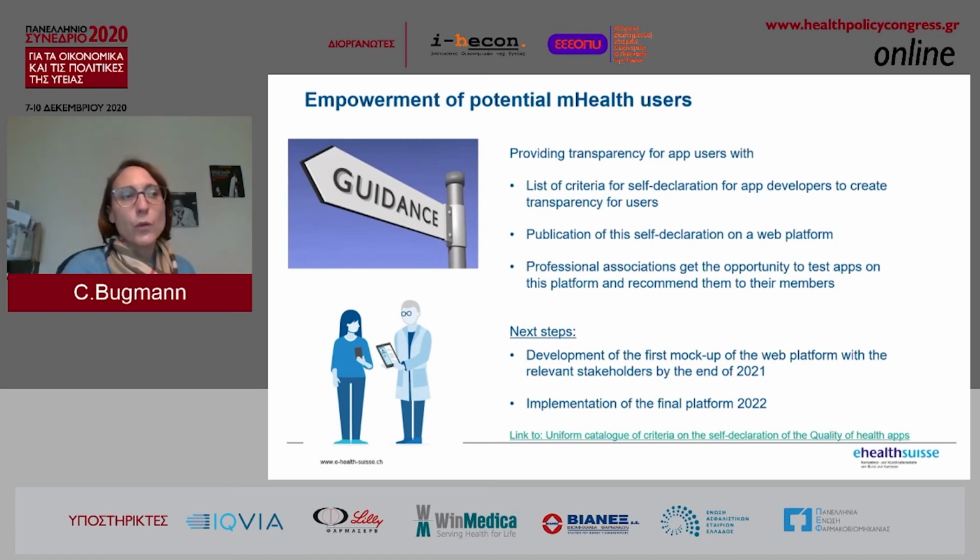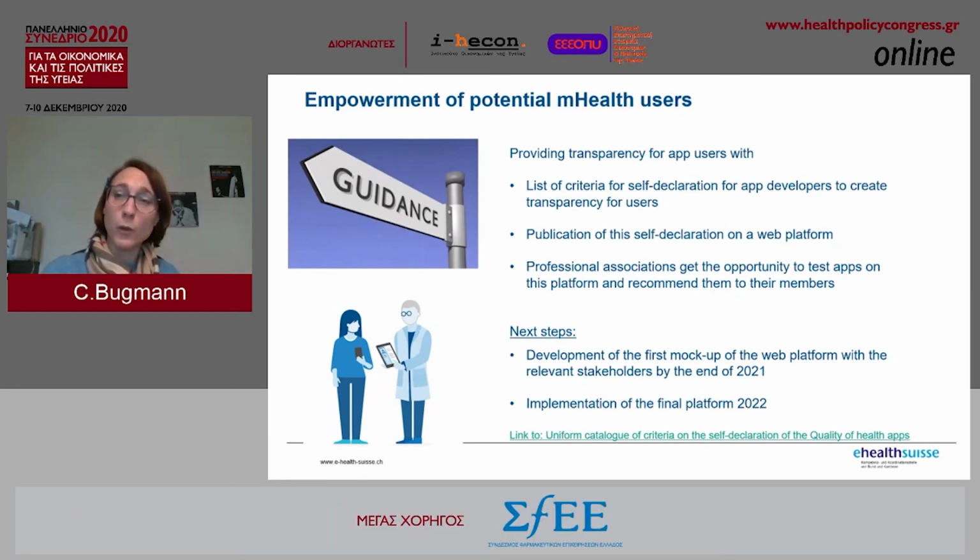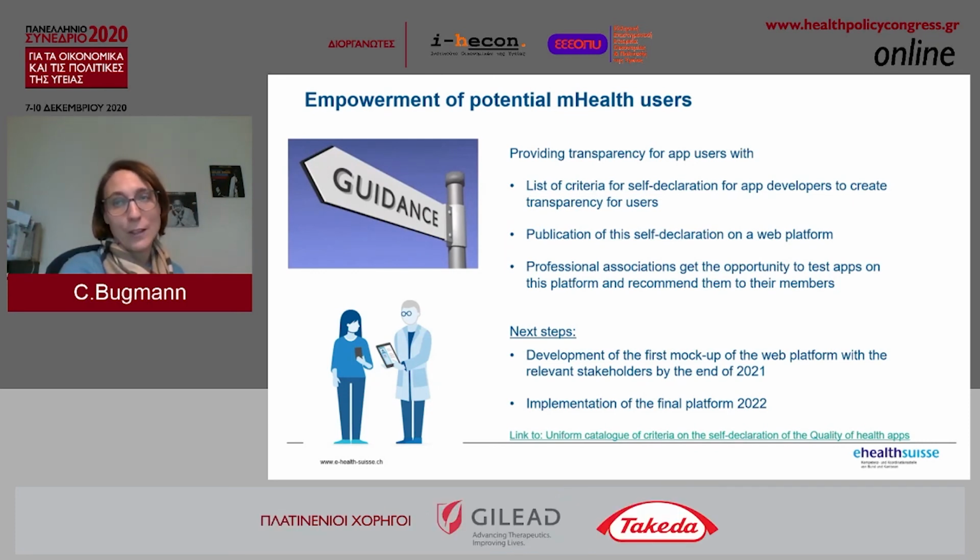The idea would also be that if, for example, a health professional association would like to recommend apps for its target group, it could look at the information on this web platform, decide if it wants to recommend the app, perhaps also test it, and then give the recommendation label to this app on the web platform, so that the patients and the health professionals could see that it is recommended by this health professional association.